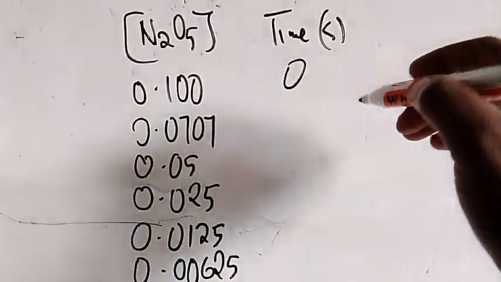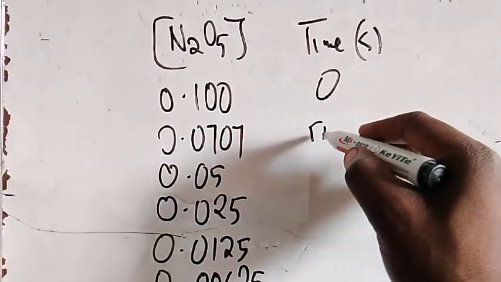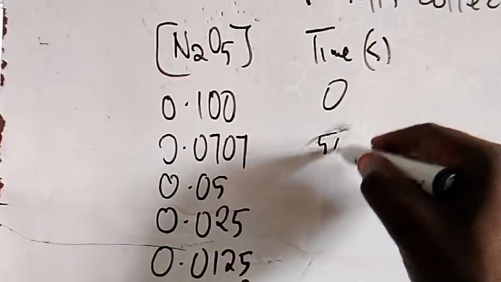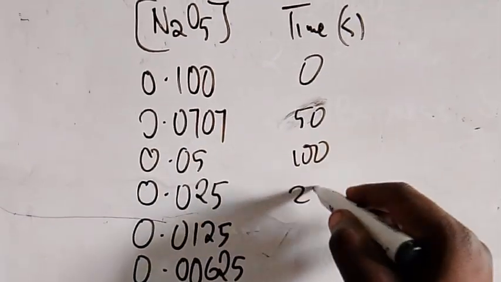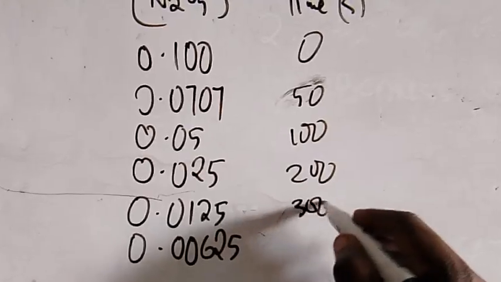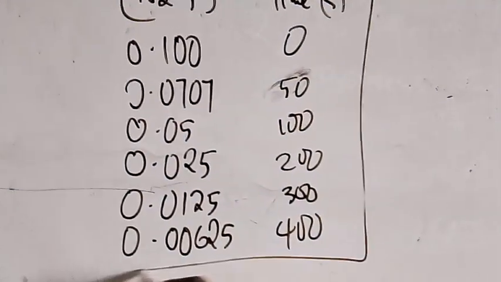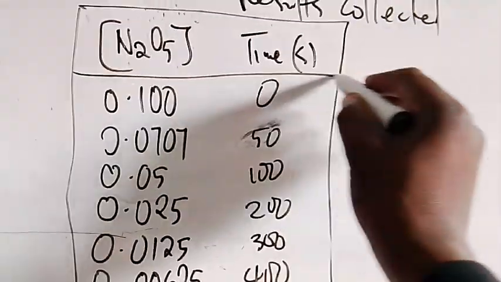Okay, then the time is 0, 50, 100, 200, then 300 and 400. Okay, so these are the results obtained.